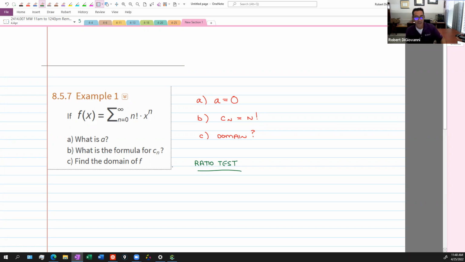The ratio test says this. Let me write the ratio test down on the bottom. If you're given a series, a sub n, then if the absolute value of a sub n plus 1 over a sub n is less than 1, then we get convergence.